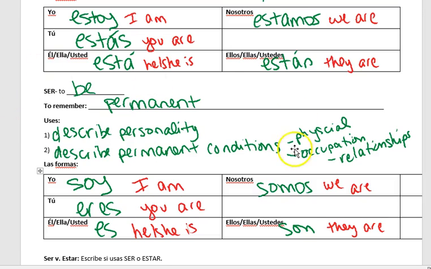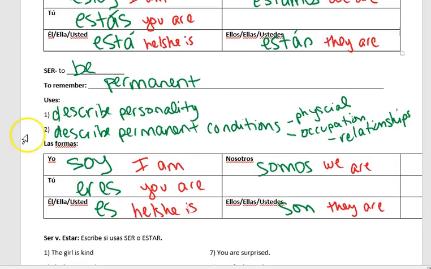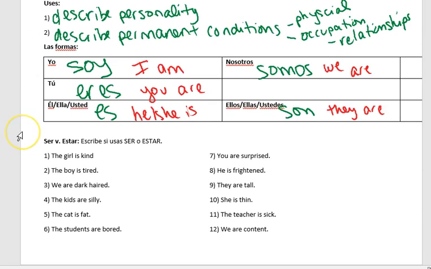So what I want us to do is taking a look at how our uses, right? Escribe se usas ser o estar. So if we say, the girl is kind, is it going to be ser o estar? Okay, well, kind is a personality trait, so that is going to be ser. The boy is tired.